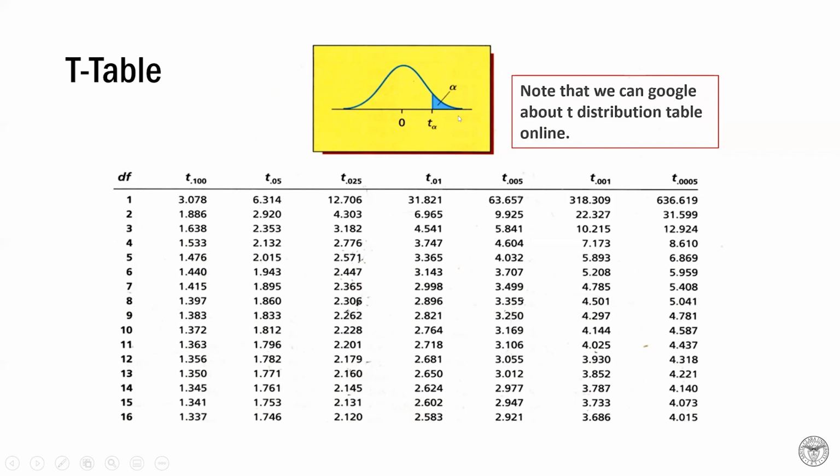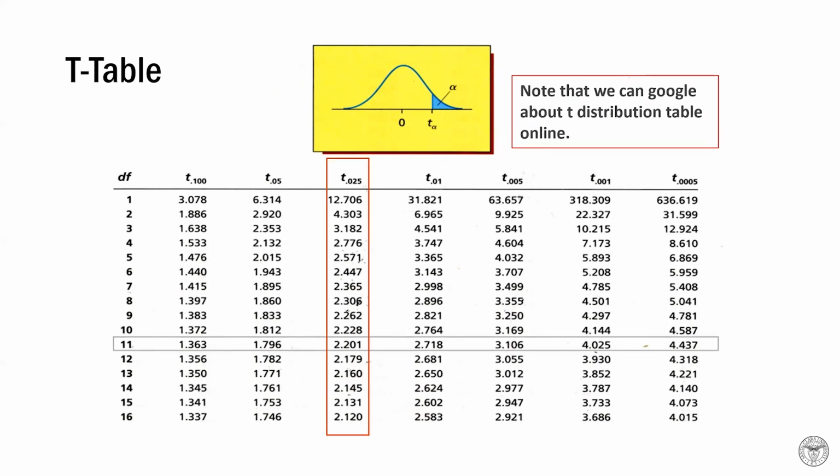Then the t value for a sample size of 12 is given by the column of t sub 0.025 with degrees of freedom of 12 minus 1 equals 11, which is 2.201. Conversely, if we know the t value and the degrees of freedom, we can then find the probability.